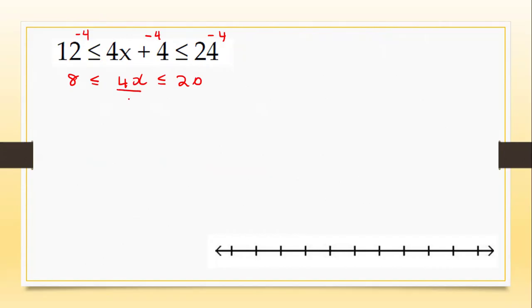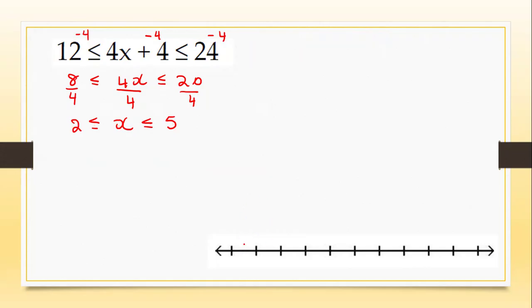Dividing to get rid of the 4, I divide throughout by the 4. 8 divided by 4 is 2, less than or equal to x, which is less than or equal to 20 divided by 4, which is 5. So x is greater than or equal to positive 2, but less than or equal to 5.